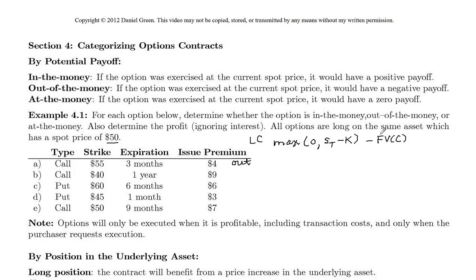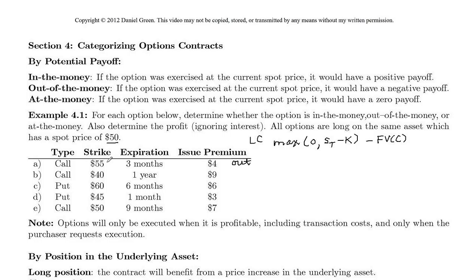We're ignoring interest, so we would just subtract off the call premium. If we did exercise at this price, we would actually have a loss.